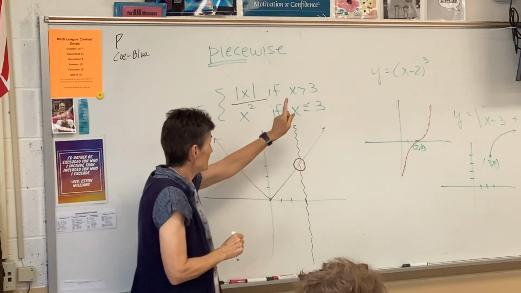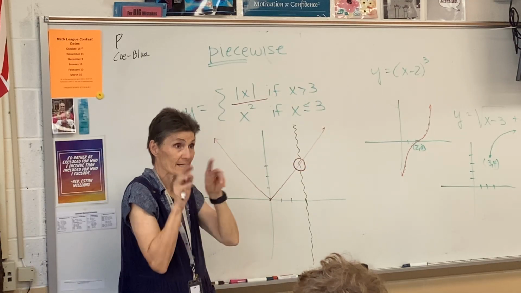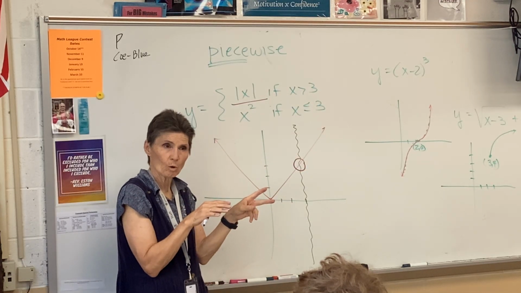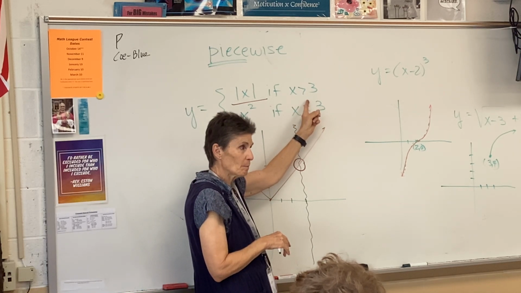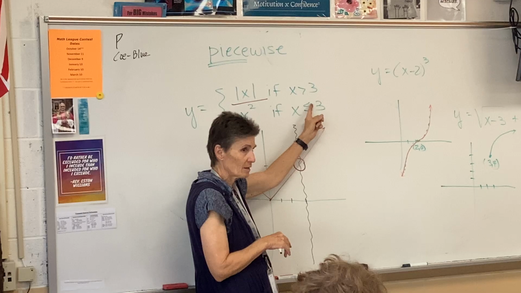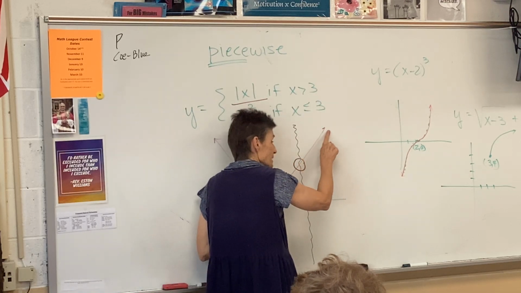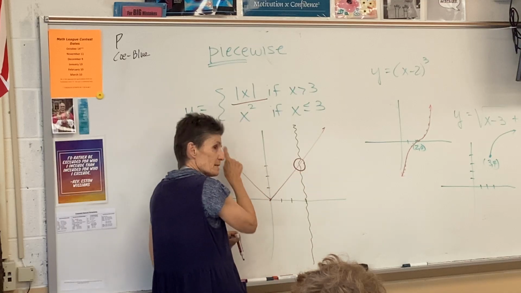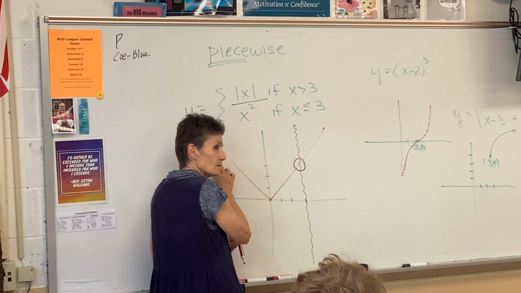Now, this tells me which part of the broken V I keep and which part I throw away. This is the part I keep. I keep the part where X is bigger than 3. So does that mean I'm going to keep this piece of the V or this piece of the V? Am I going to keep right or left?